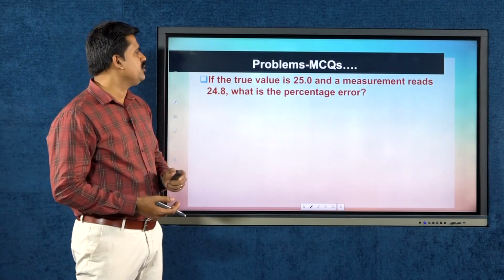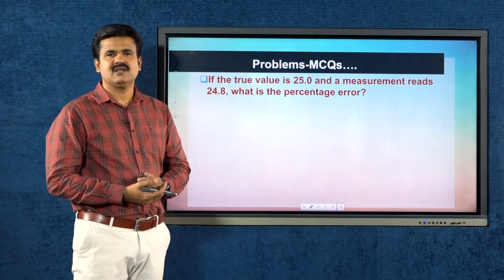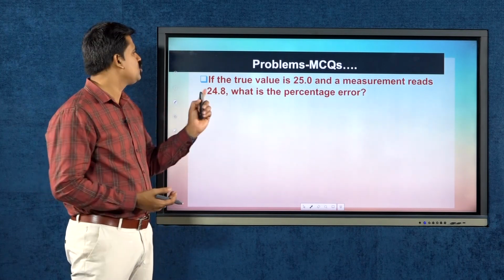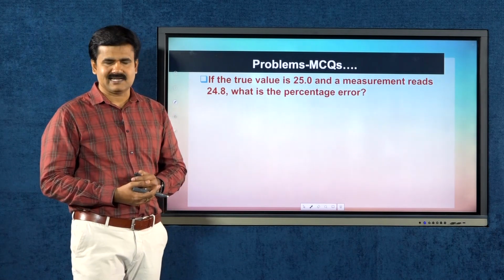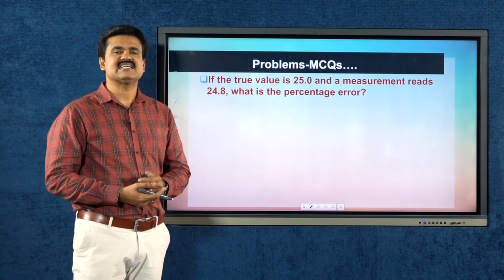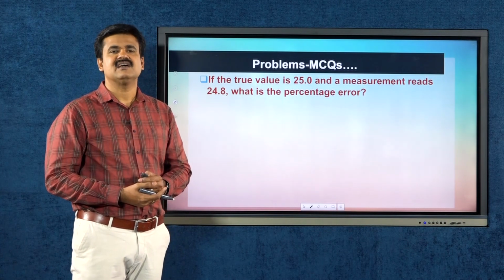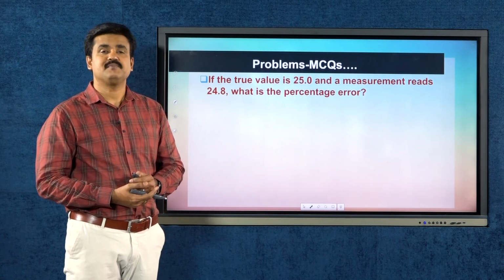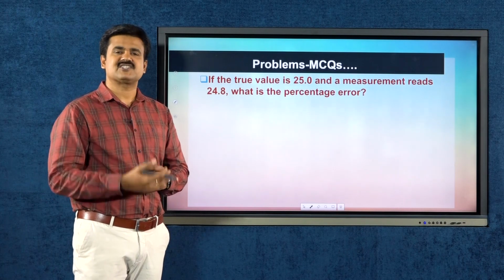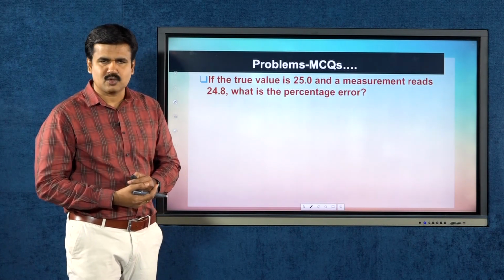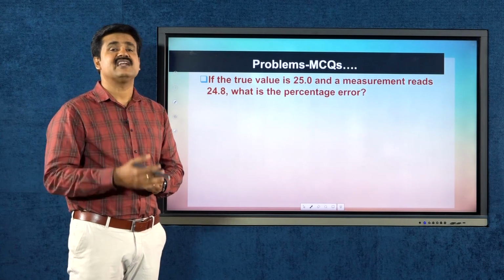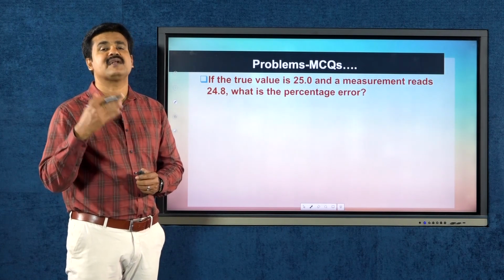If the true value is 25.0 and a measurement reads 24.8, what is the percentage error? You know, percentage error is nothing but relative error expressed as a percentage. The expression for the percentage error is absolute error divided by true value multiplied with 100.